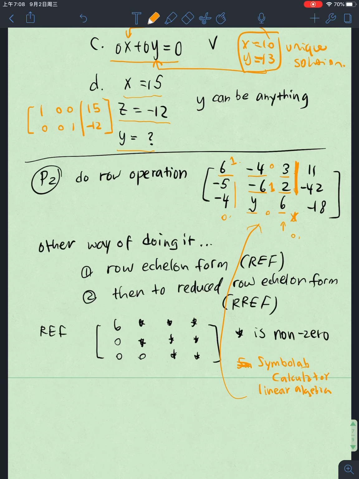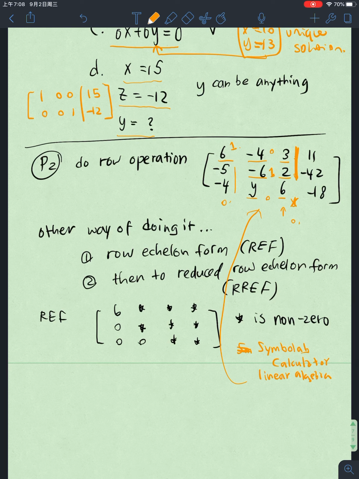But I don't know if students can use a calculator for their homework. If you want to understand the concept, I would suggest you do it by hand. But if you are confident and you use a calculator, no one else will know.